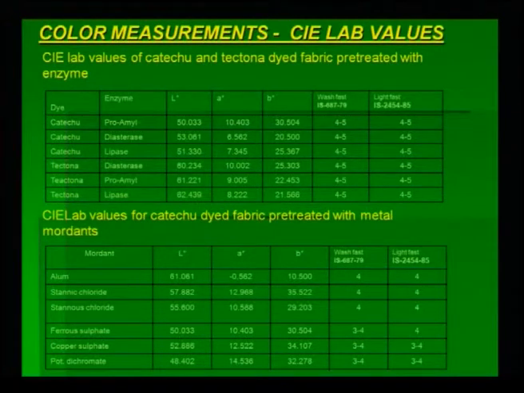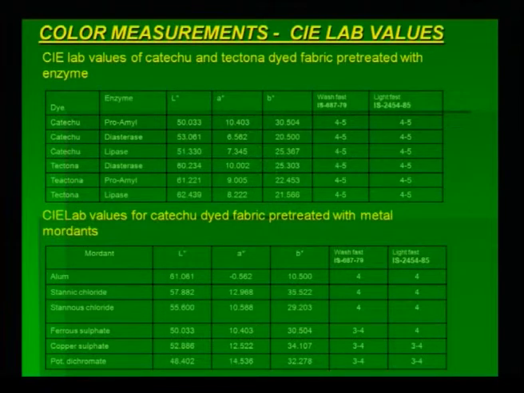So, if we now look at the CIELAB values, of course, these are not so important from the point of view of studying it, but from the point of view of enzyme treatment and metal mordanted treatment, you will see that the metal mordanted are lighter in shade, whereas the dye which was treated with enzymes like protease, amylase, diesterase and so on showed very good fastness properties.